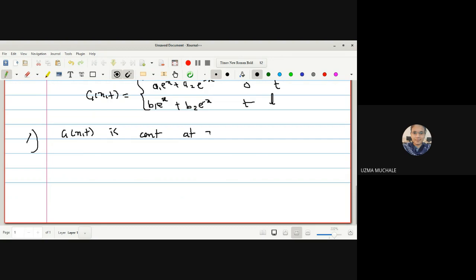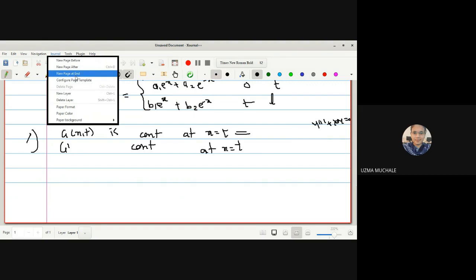Now suppose we have been provided a third order differential equation, of the form y double dash plus lambda y is equal to 0, or like this. Then we have to verify g dash also: g dash is also continuous at x equal to t. But in this case we will verify this one only. g of x,t is continuous at x equal to t.